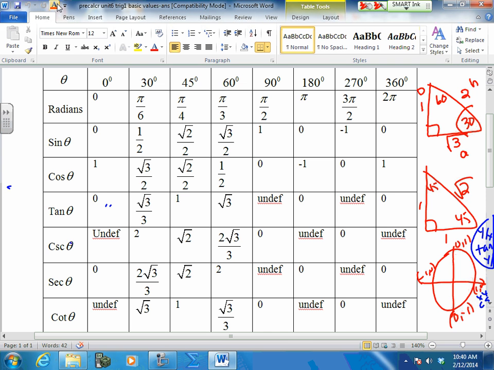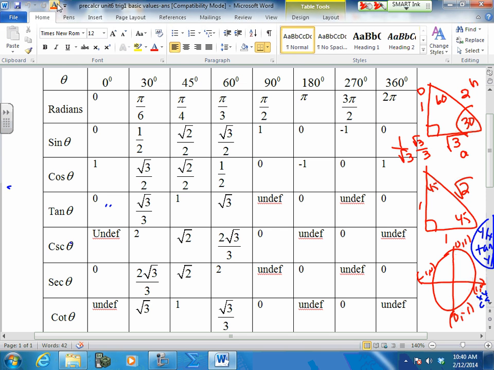Cosine, adjacent over hypotenuse, radical 3 over 2. Tangent, opposite over adjacent. And you rationalize, right? So you rationalize, multiply top and bottom by radical 3 over 3, and you get radical 3 over 3.